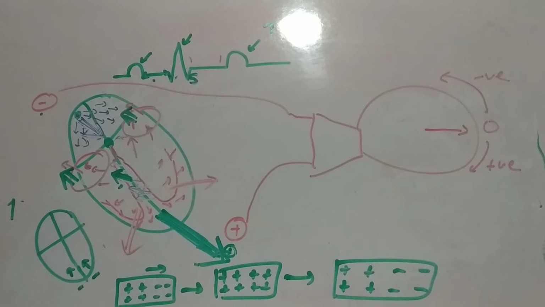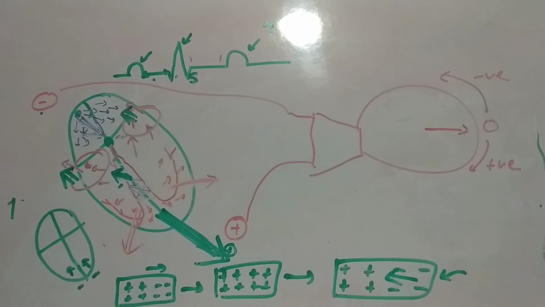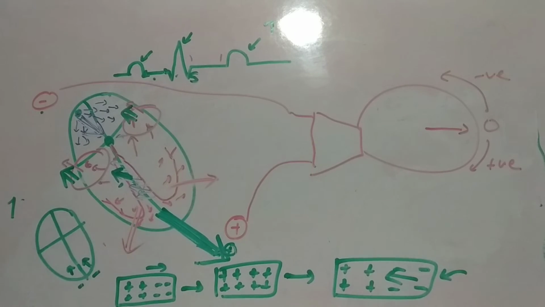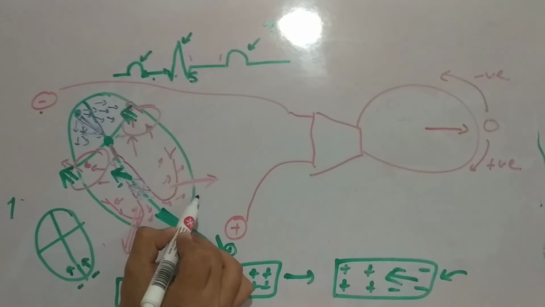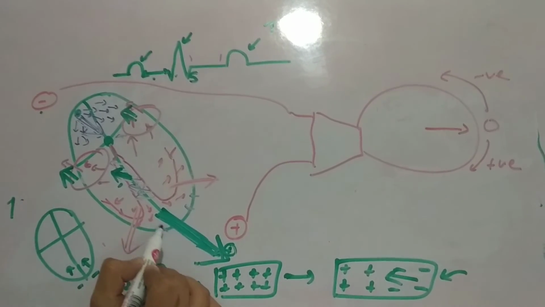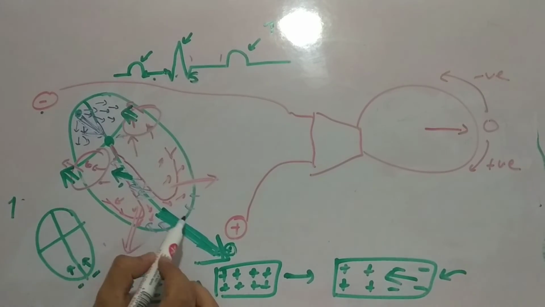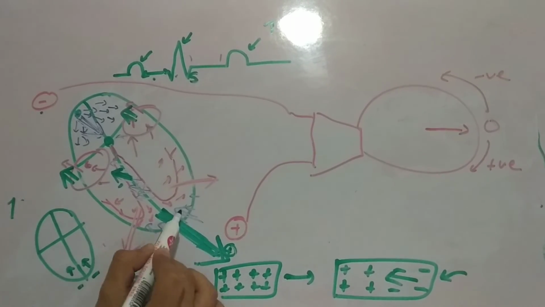So the thing that you need to keep in mind is that the repolarization has taken place from this side and the negative vectors are propagating this way. Now let me draw the repolarization vector with a blue marker. This is the repolarization vector. If we draw the resultant, it will be facing this way, isn't it?